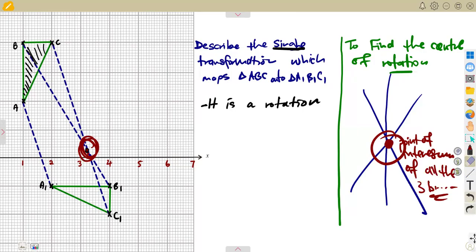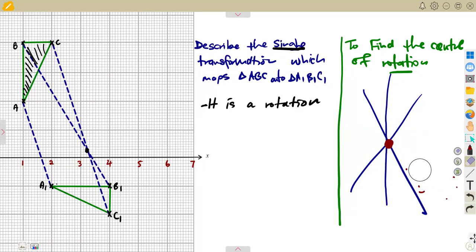I want you to understand this. This is the point of intersection of all the three bisectors. What is going to happen if I remove one bisector? Let's say I remove this one. Is it going to affect my center? This line was passing through the center. If I remove this line, is it going to affect where the center is?